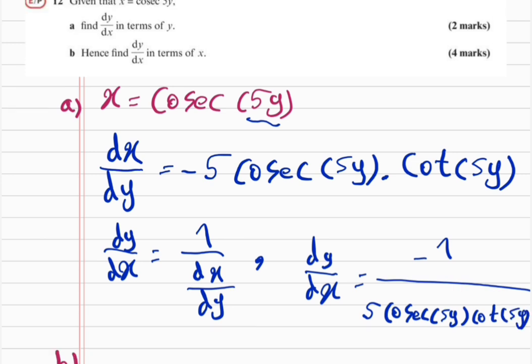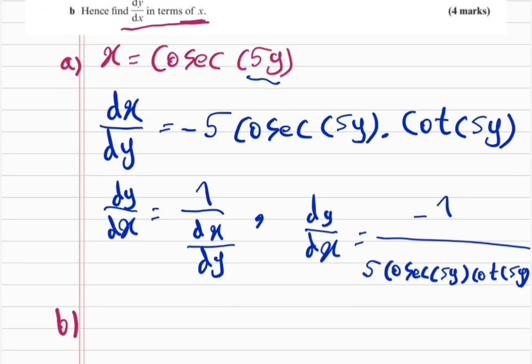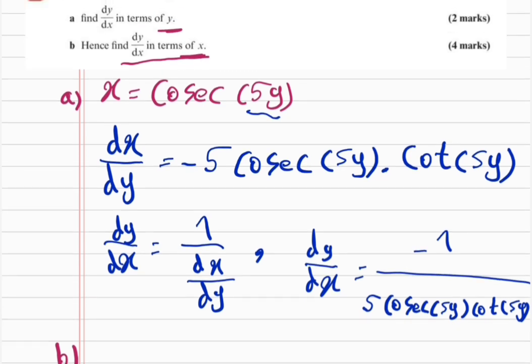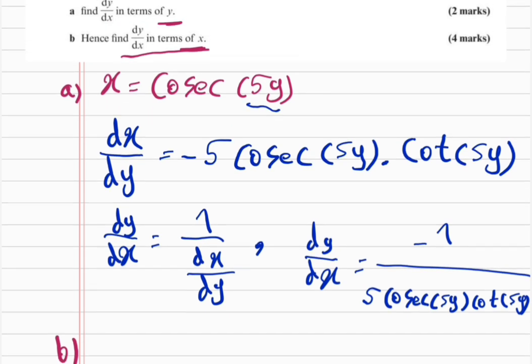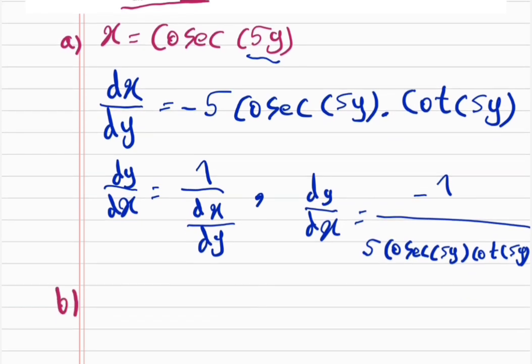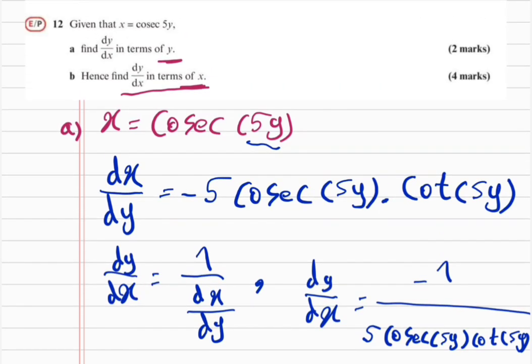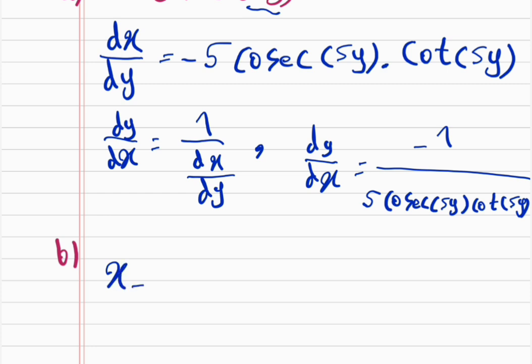And for part B in question 12, we want to find dy/dx in terms of x this time. So notice the difference. The difference here is that dy/dx is in terms of x, but the previous part was in terms of y, and all of these are in terms of y. If we want to find this in terms of x, we can use multiple approaches, but probably the quickest one is using the inverse trigonometric functions, because we are given that x is equal to cosec 5y.